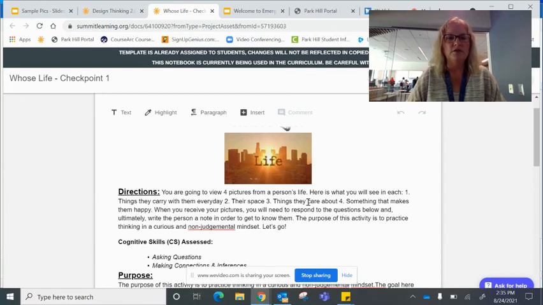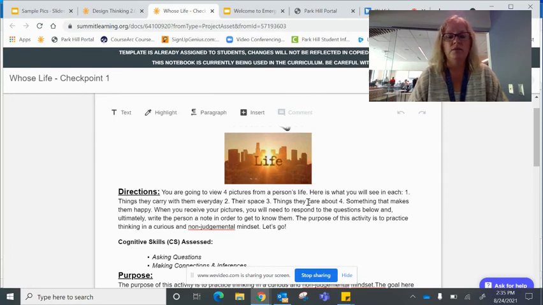Another thing, try not to put anything in the pictures that could personally identify you, like an address or a phone number or a picture of you, or your name if it is visible, or anything like that. Try to keep your pictures as anonymous as possible.